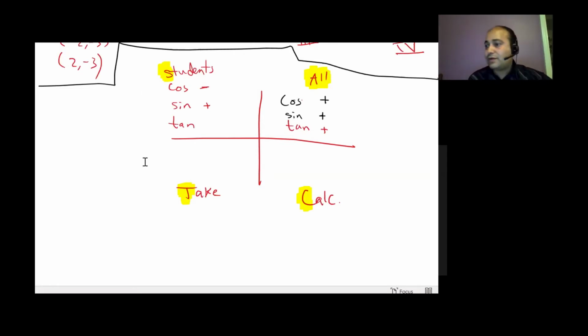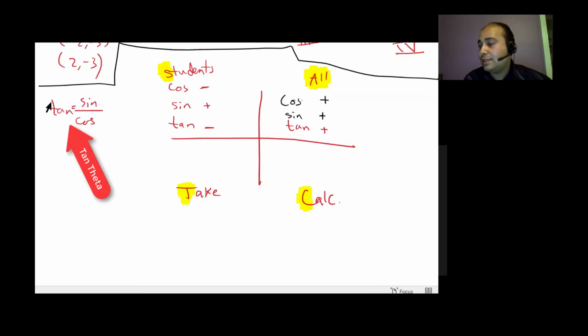Is it going to be positive or negative? Please write it in the chat box. So the tangent will be negative. Got it? The tangent will be negative, because it is sine divided by cosine. Remember, one more time, the tangent is sine divided by cosine.